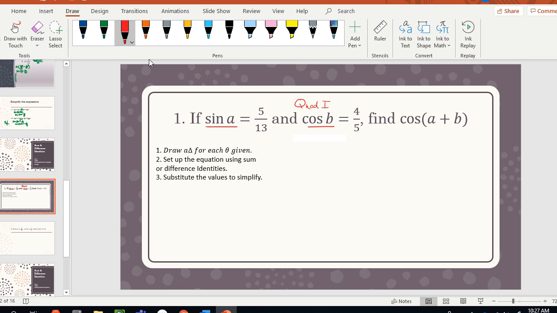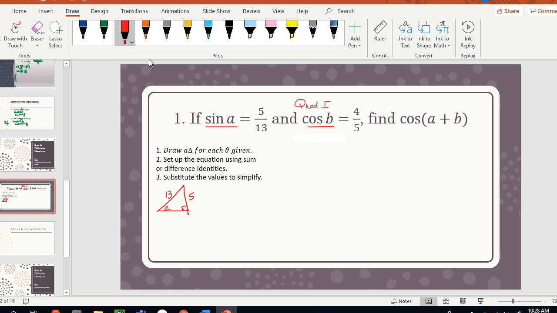So let me go ahead and show you how to do this. You draw a triangle for each theta given. So our thetas are A and B. I'm going to start with A, and I'm going to draw this triangle. Wow, that was supposed to be a little straighter than that. That's supposed to be a right angle. This is A, and sine is opposite over hypotenuse, so it's 5 over 13.